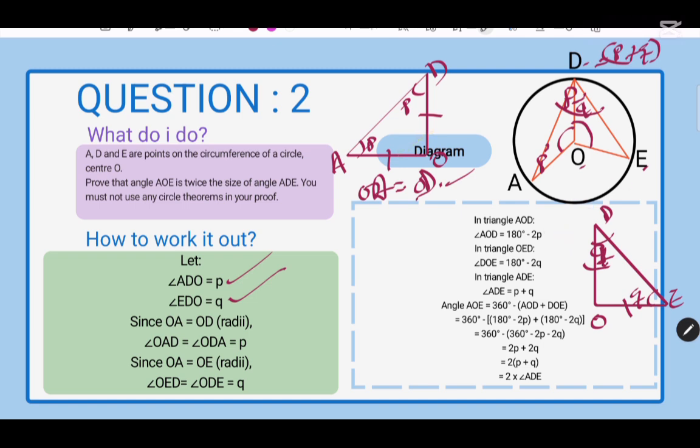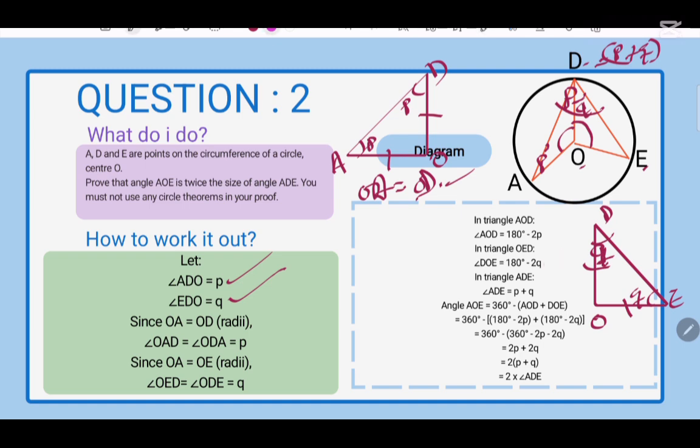In triangle OED, angle DOE, that is the angle at this point, is also equal to 180 minus 2q, because the total angle in the triangle is 180, so take away q and q. That is 180 minus 2q, which gives us the remaining one. And that is also settled.